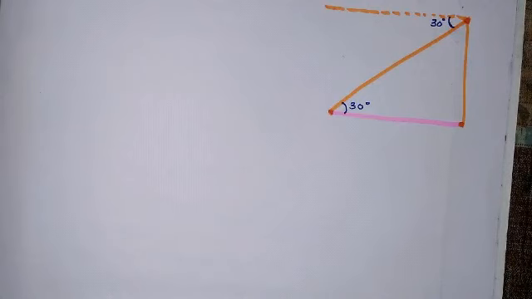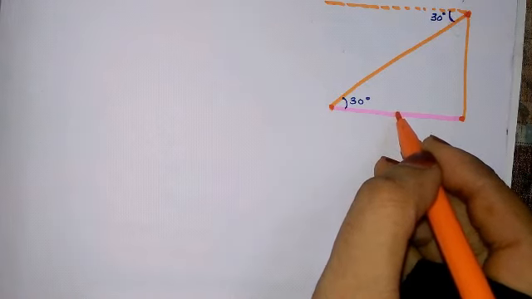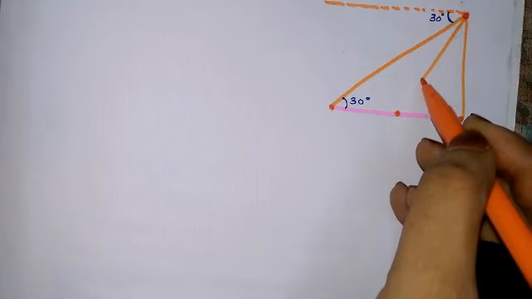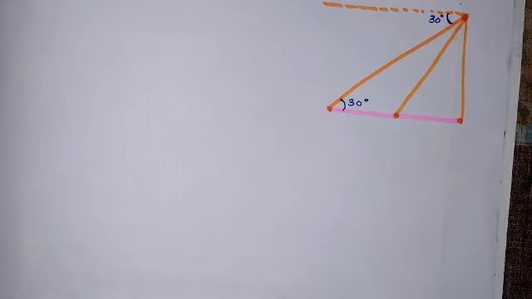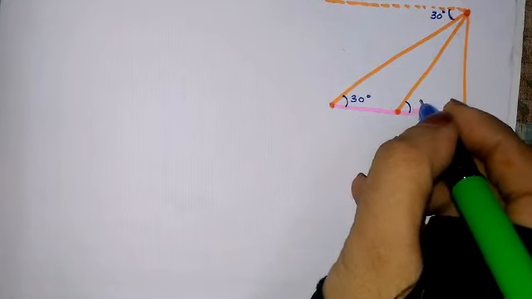Now in the question they have told that after 6 seconds, the angle of depression of the car is found to be 60 degrees because the position of the car changes. Then the angle of depression from the same point changes to 60 degrees.